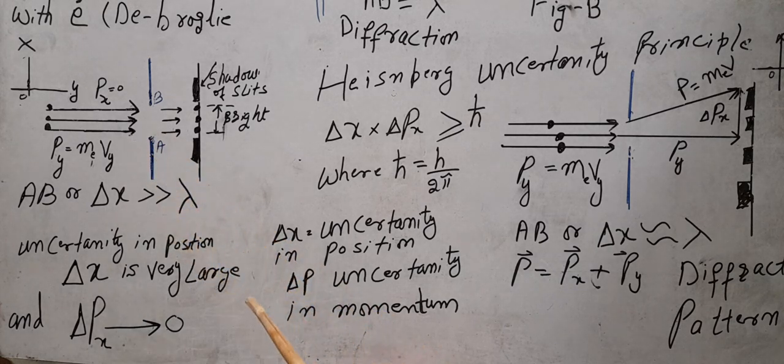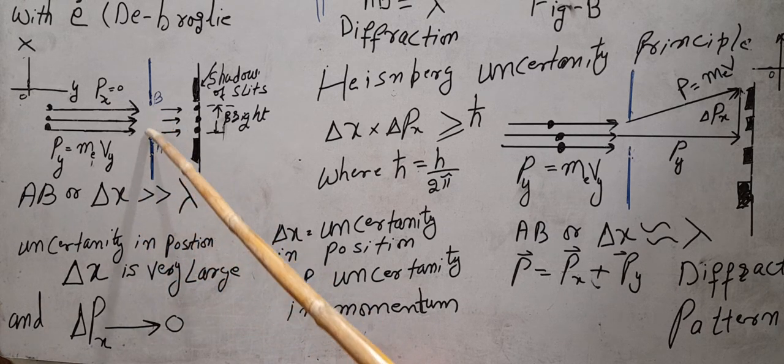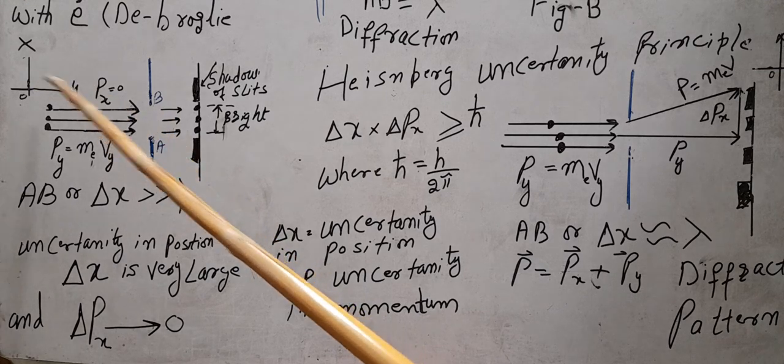Uncertainty means the error in finding the exact position of something. In this case, the uncertainty in position means the error in finding the exact position of the electron. Therefore, we can say that delta x is very much greater than the wavelength, because this AB is along the x-axis.